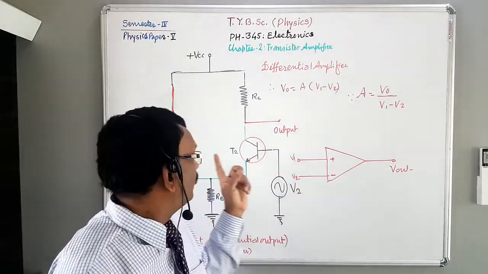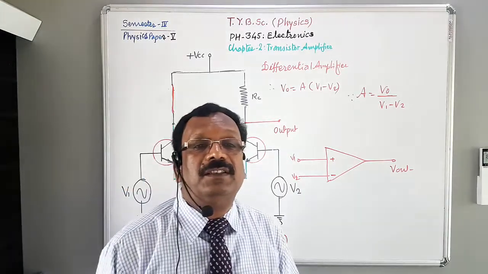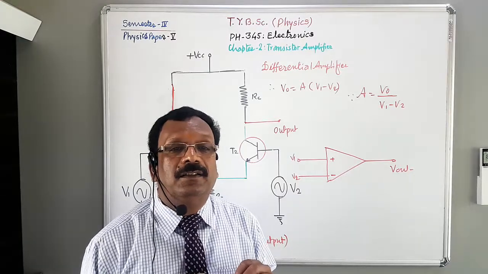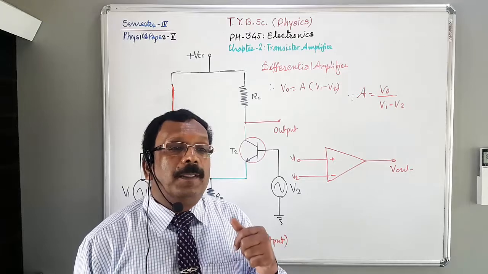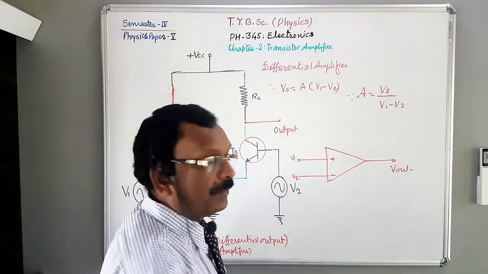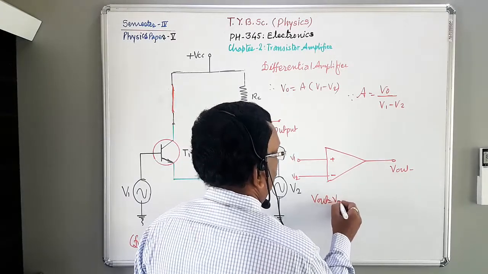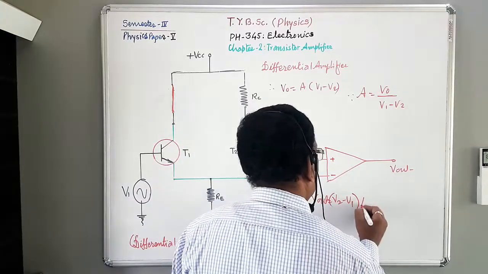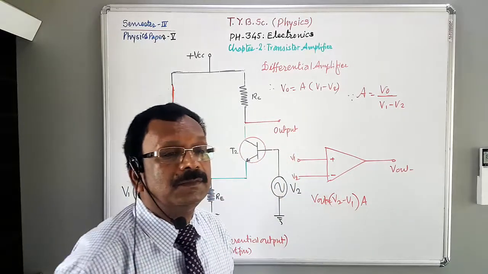Emitter follower, where emitter follower means a transistor of this circuit and other circuits. The AC output is given as V out is equal to V2 minus V1 into A. Okay.